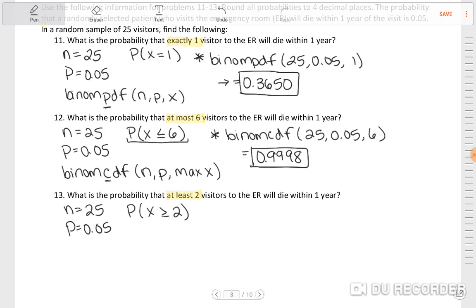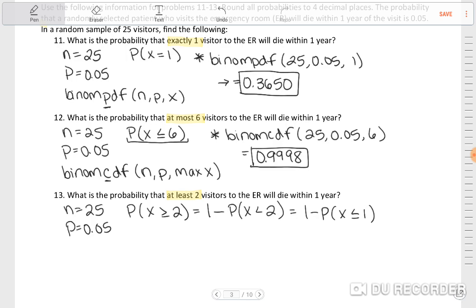Because we see that this is greater than, remember we need it in the format less than or equal to. So I need to rewrite this using the complement. The complement would be 1 minus the probability that x is less than 2. Well, that means if it's strictly less than 2, that 2 cannot be one of my values. So the maximum value that I can have for my x is 1, because this is a discrete case.